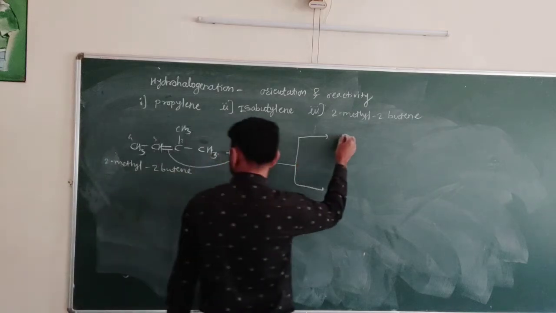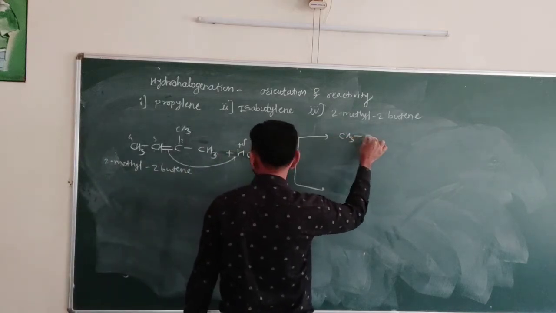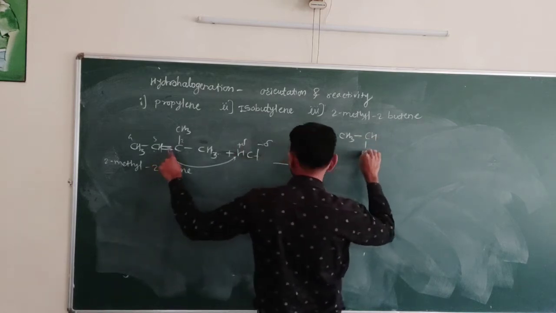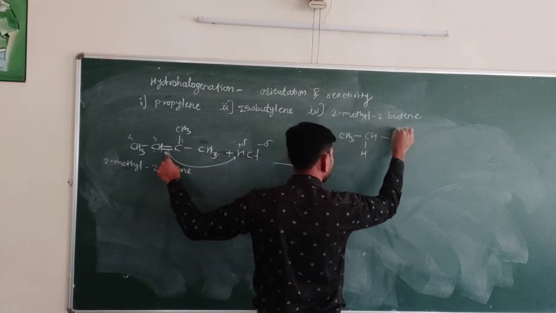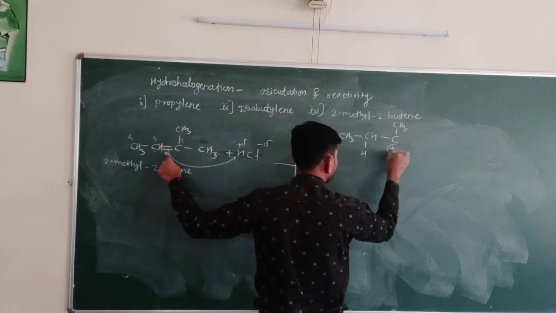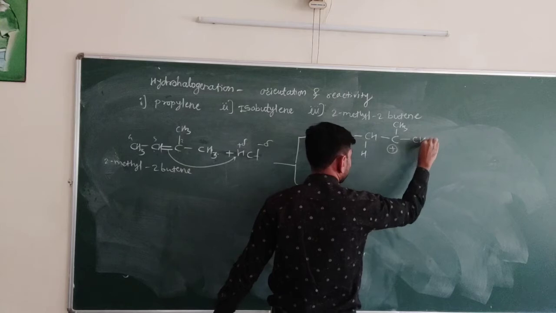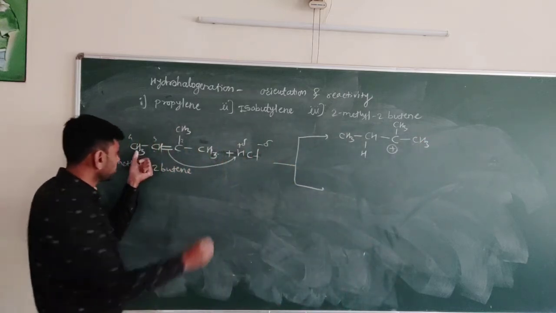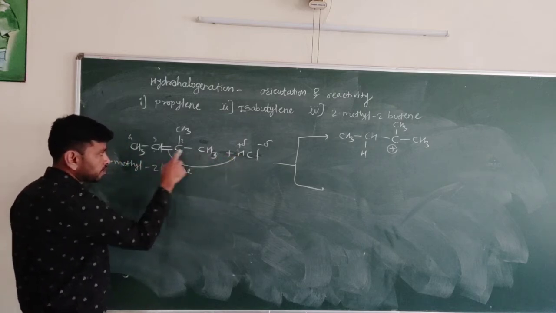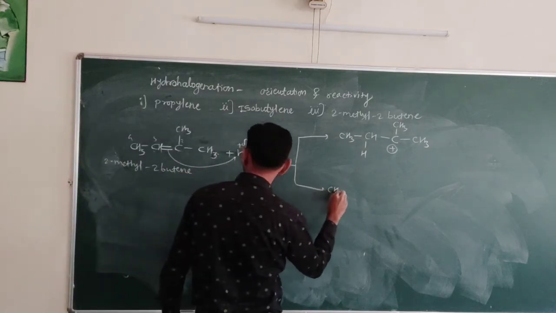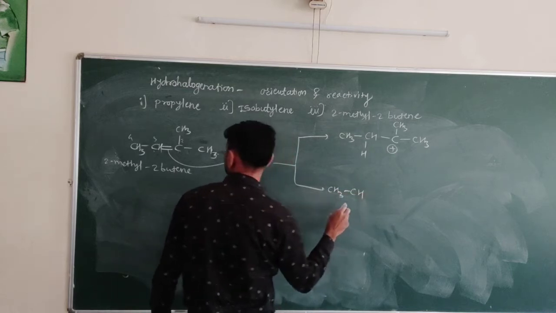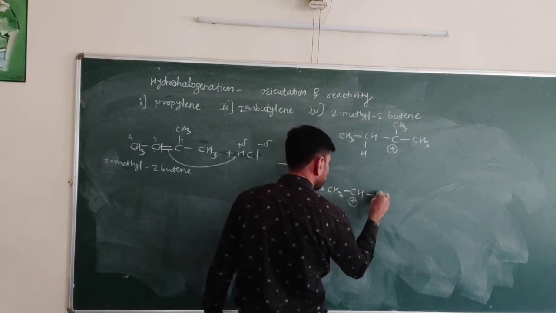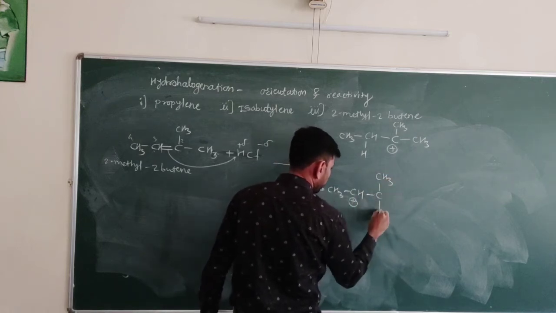So first, the hydrogen attaches to this carbon, so there is formation of a carbocation on carbon number 2. The second possibility we are considering is that the hydrogen attaches to position number 2, so CH3 CH, and the carbocation formation takes place at position number 3.